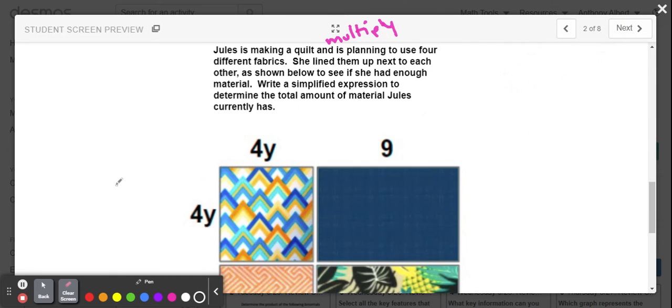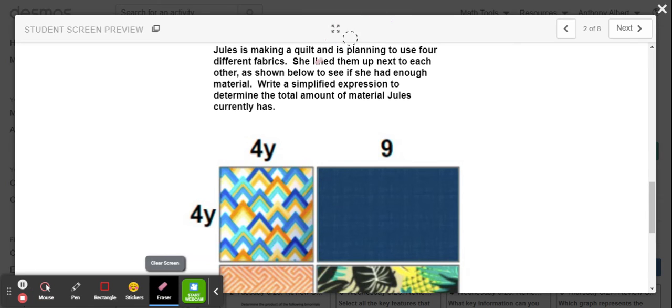All right, continuing along. This next question. Oh, let me erase that real quick. So on this next problem, it says Jules is making a quilt and is planning to use 4 different fabrics. She lined them up next to each other as shown below to see if she had enough material.